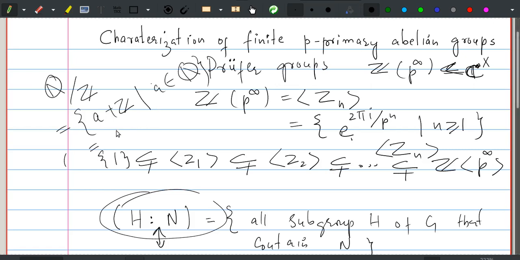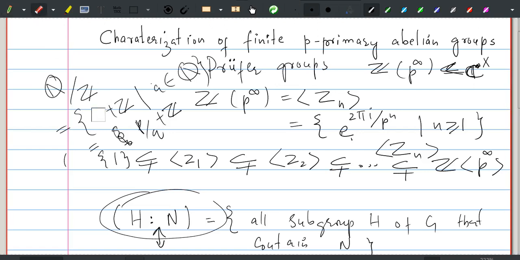So if we have an element here, say this quotient p/q + Z, so this is a, which is a rational number, so it is better to write here p/q.